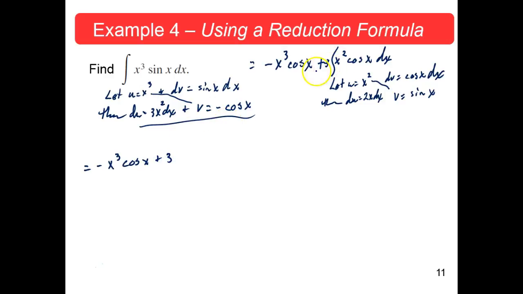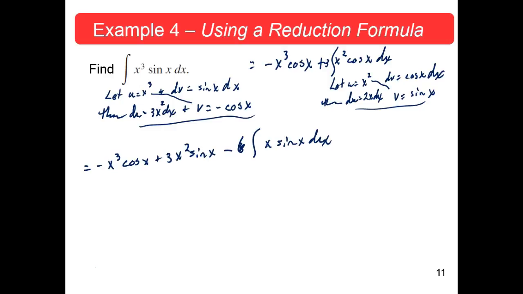Don't forget the 3, it's there. X squared sine x. Okay? Minus, and the 3 still in front of that, so I'm going to put that there again, the bottom line here, and that's going to be another 2, so that's going to be a 6 times the integral of x sine x dx, I think. Okay?